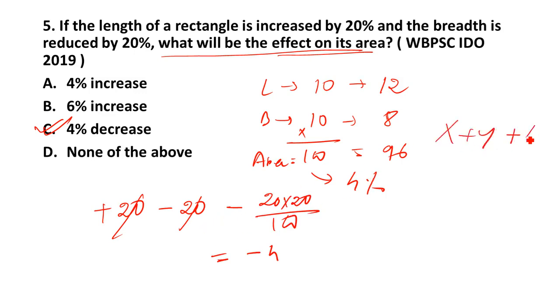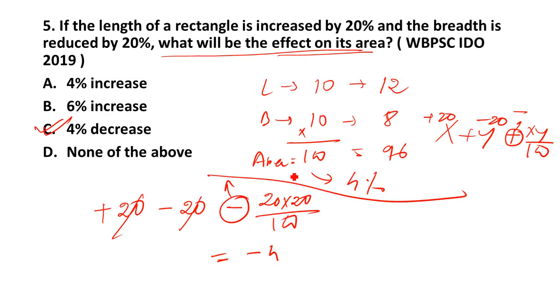X means first the increase of 20%, plus 20, then minus 20, and then plus minus 400. We will have 400 and the sign will be plus minus, which is minus. Here I have written the same thing. Okay. So you can do the math in both ways.